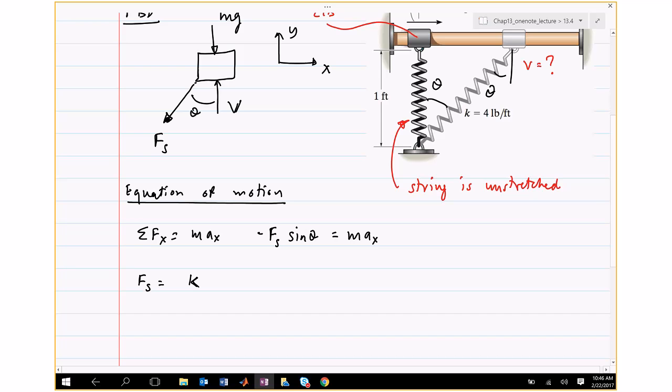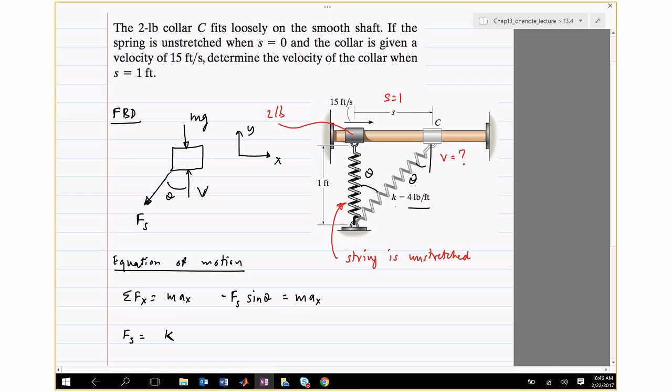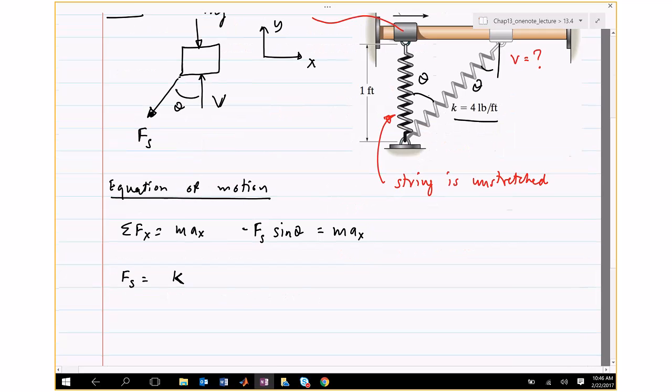k times, k is a spring constant. It's given to be 4 lb per feet times the net stretch, right? The net stretch is going to be, so I'm going to draw this. I'm going to draw another diagram. This is not the free body diagram.